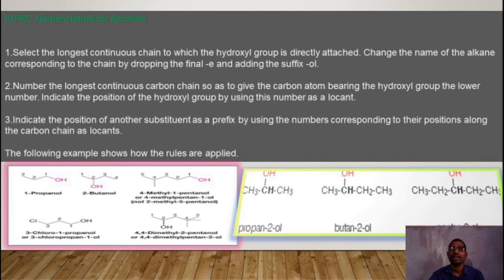Indicate the position of other substituents as a prefix, using the numbers corresponding to their positions along the carbon chain as locants. Here you can see some examples according to IUPAC nomenclature: 1-propanol, 2-butanol, again propanol, butanol.